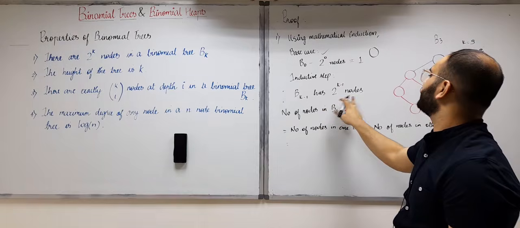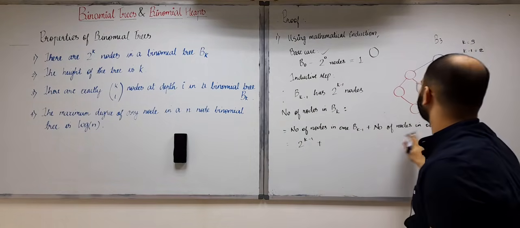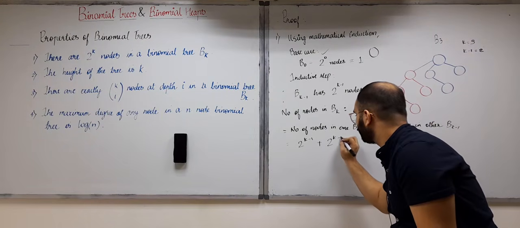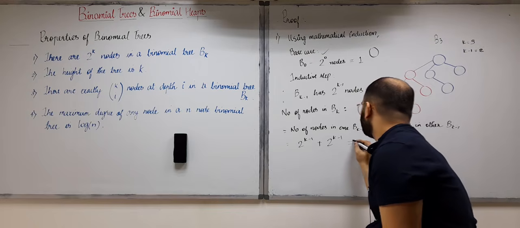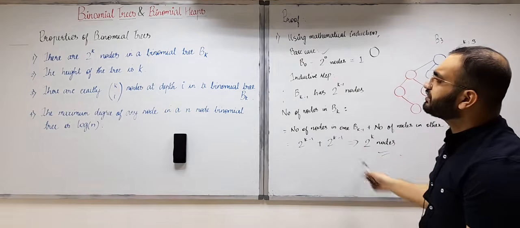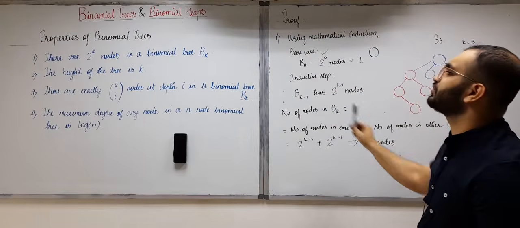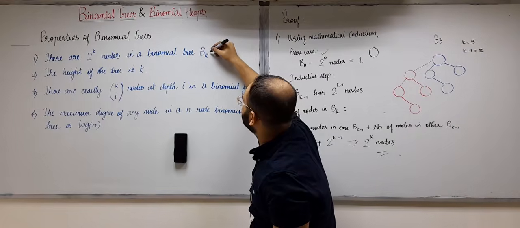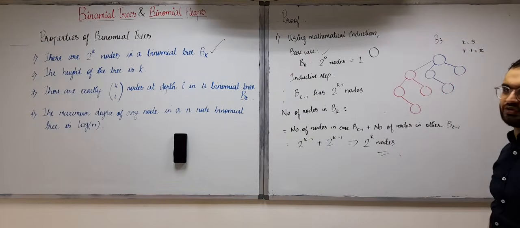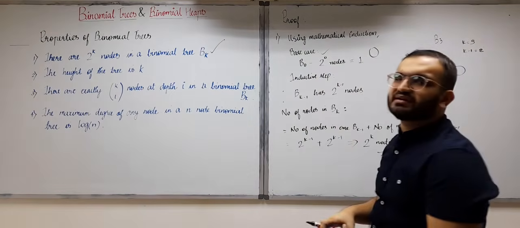What we assumed, it is 2 raised to k minus 1 nodes. So 2 raised to k minus 1 plus, again for the other Bk minus 1 also there will be 2 raised to k minus 1 nodes. So this will be equal to 2 raised to k nodes. And isn't this written in the property that a binomial tree Bk should have 2 raised to k nodes? So we have proved that any binomial tree Bk has 2 raised to k nodes using mathematical induction, right? So now let us look at the second property.